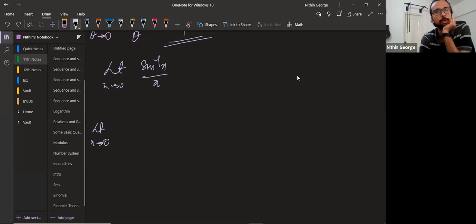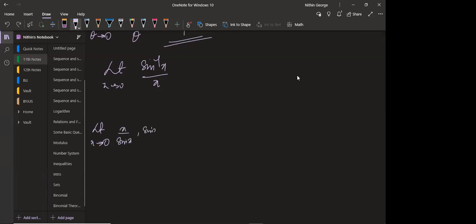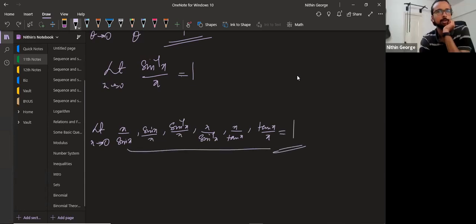One. Similarly, all these are nothing but 1 when x tends to 0. Just remember this. Not remember this, understand this properly.